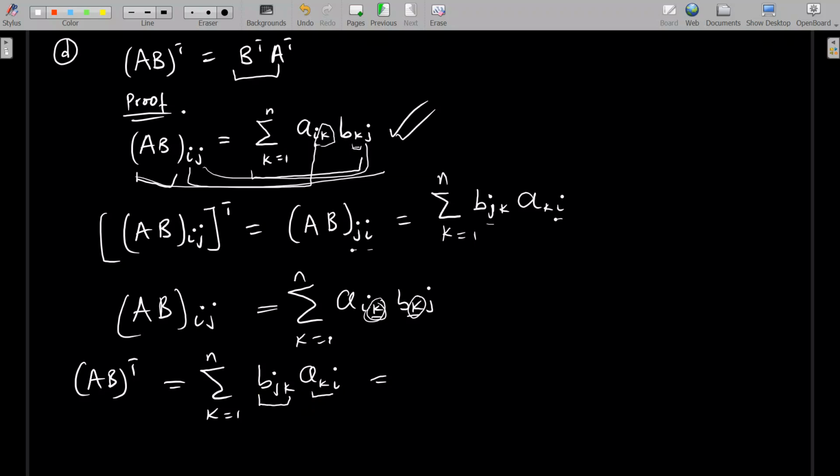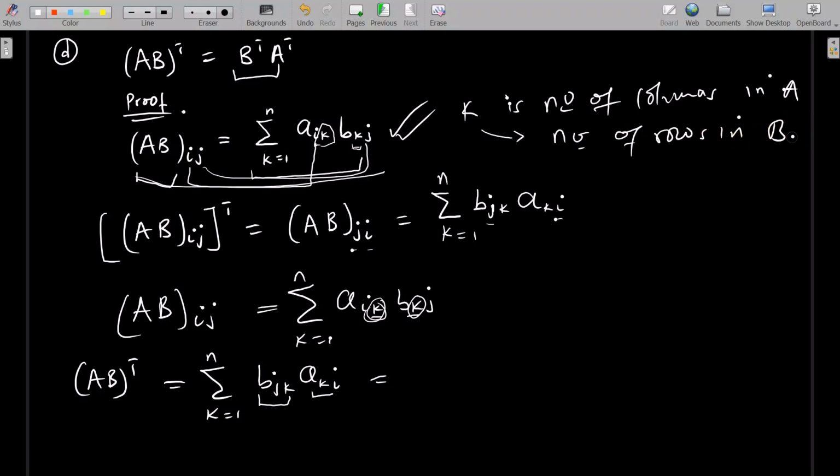But here, k, the original k, was the number of columns in A. So k in this original one, k is number of columns in A, original A, and then it was the same as number of rows in B, right?